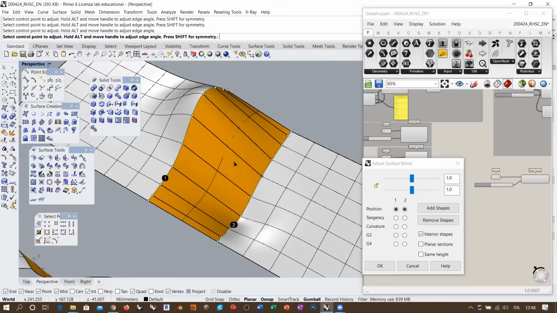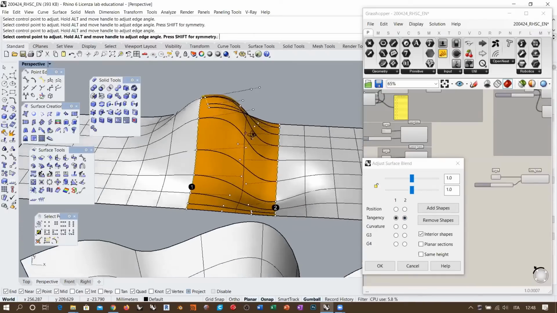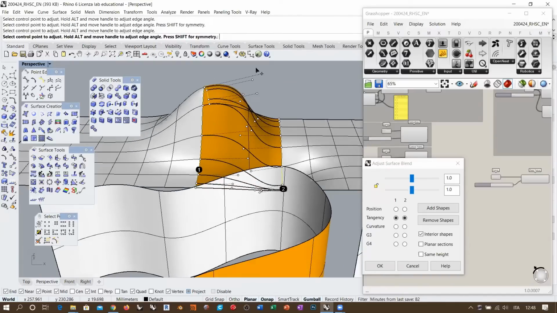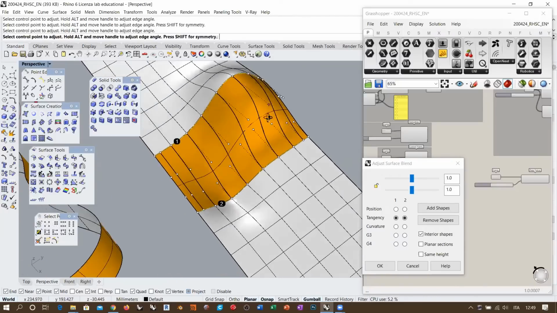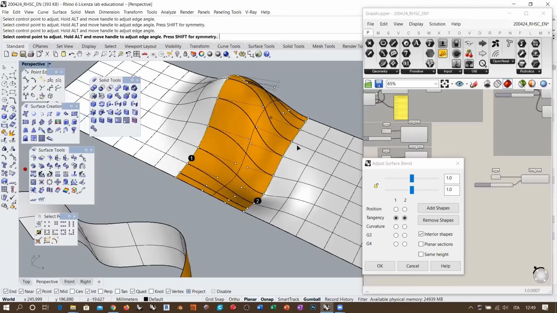Now, if I increase to tangency, tangency, I get, as a result, this kind of continuity where just two control points are involved, which define the initial tangent and the final tangent for our connection surface. Actually, what we are creating is a connection, a tangent control point all along the edges of the two existing surfaces.